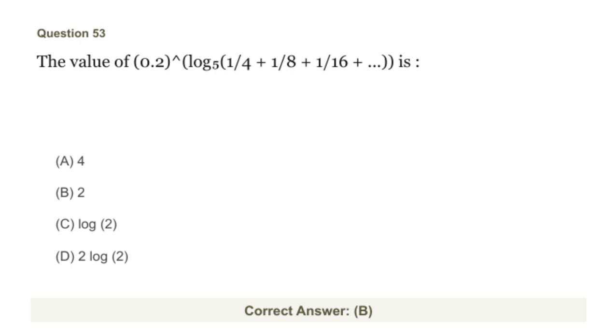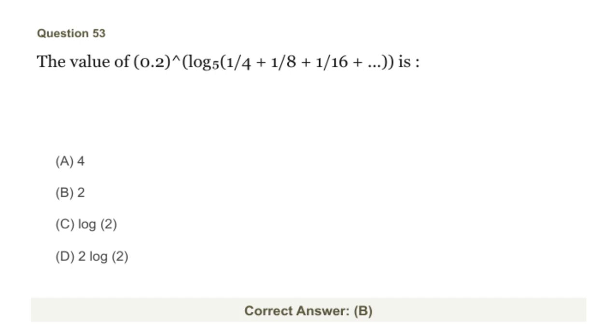Now, the logarithm we're dealing with is log base 5 of this sum, which is log base 5 of 1/2. Remember that log base 5 of 1/2 can be rewritten using the change of base formula, or expressed directly if you recall the properties of logarithms. Finally, we need to evaluate 0.2 raised to this power.